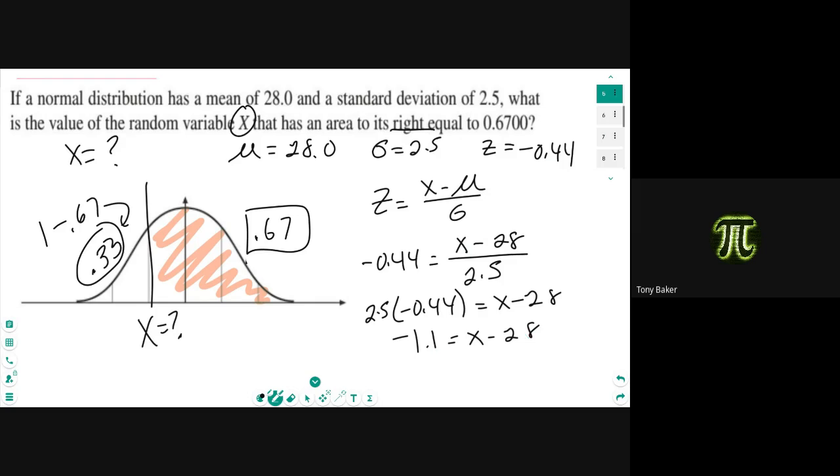And then how do I get rid of the minus 28? Add it. So I get 26.9 equals x. And that's my answer.